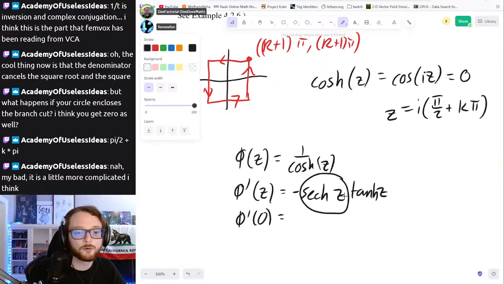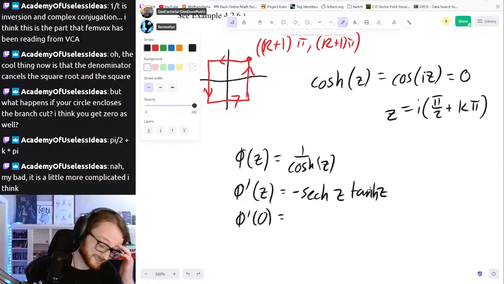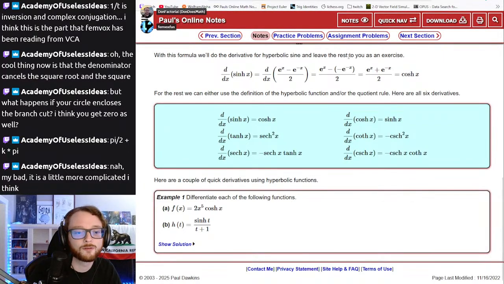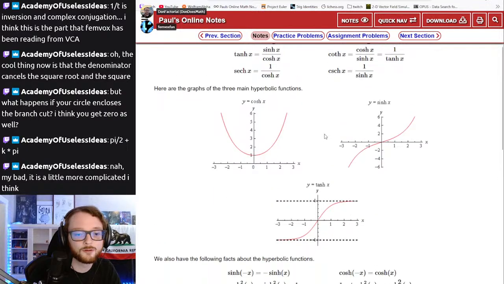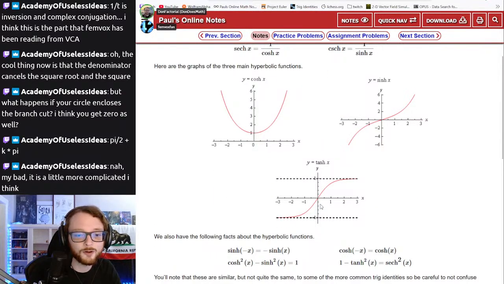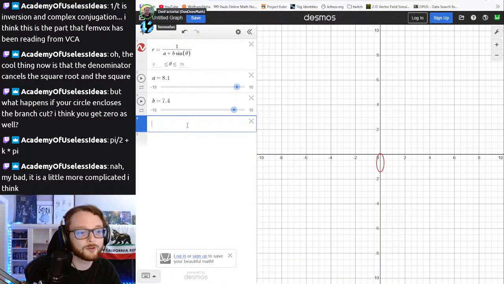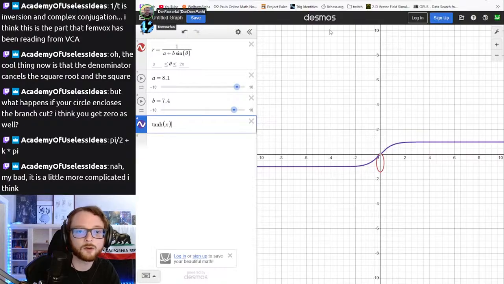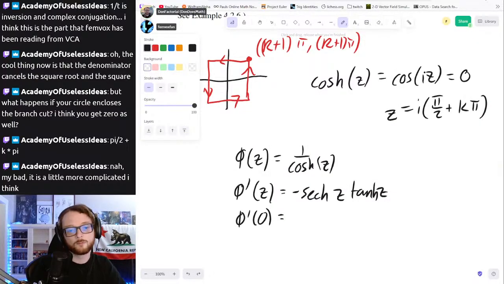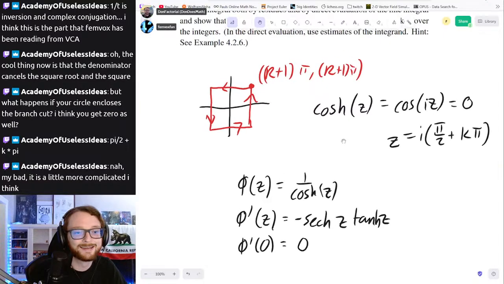Hyperbolic secant of 0 is 1 over cosh of 0, but that's just 1. Hyperbolic tangent, hell if I know that one. I think it's 0. It should be odd, right? Oh, wait, hyperbolic tangent looks like arctan? I don't know that. I need to see it to believe it. It does look like arctan. Okay. Paul's Online Notes comes to the rescue.